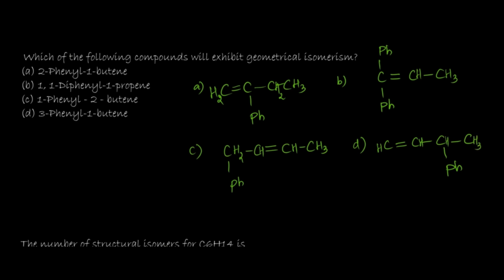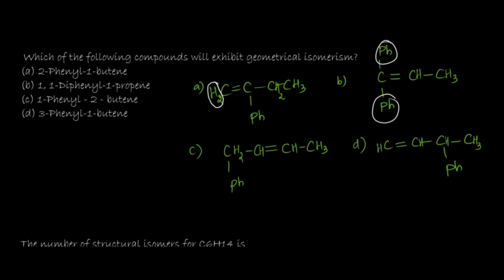Okay, so out of these, which can exhibit geometrical isomerism? You can see it should have two different groups attached to a single carbon, and it should have a double bond in it, right? Let's take option A, that is having 2 hydrogens over here. That makes it not exhibit geometrical isomerism. And if I'm talking about these phenyl groups, then surely that is not.